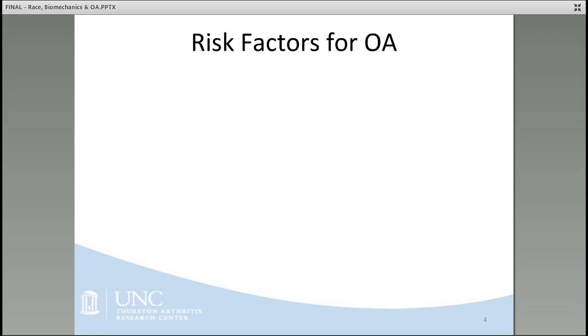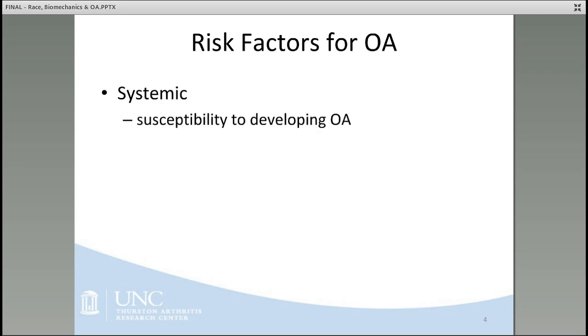Well, in simplistic terms, risk factors can be divided into two categories: systemic, which speaks to the susceptibility one has to developing OA in a general sense, and local. And that speaks to the susceptibility one has to developing OA in a particular location in the body, and or the severity of OA once it is already developed. And I'll mention a few risk factors here, starting with systemic.